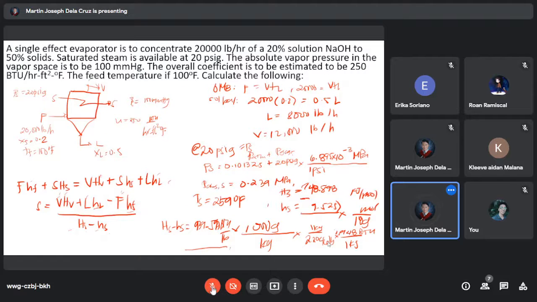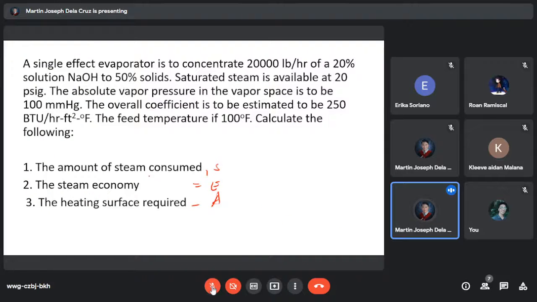So, recap tayo, no? Pag NaOH automatic, may boiling point rise. So, yung general formula natin, heat in is equal to your heat out: FHF plus SHS plus VHV plus SHS plus LHL. And then your HF natin kukunin, and your HL kukunin natin dun sa figure 2-29.